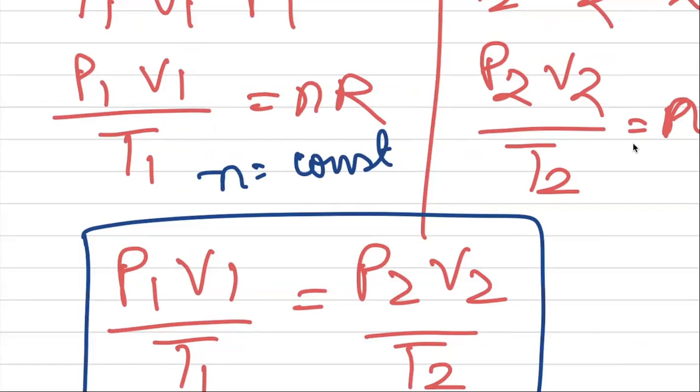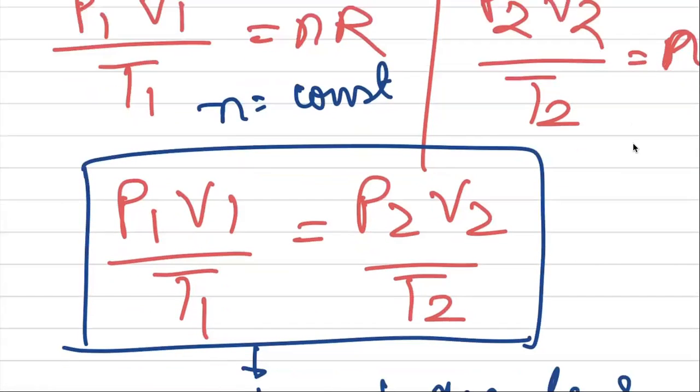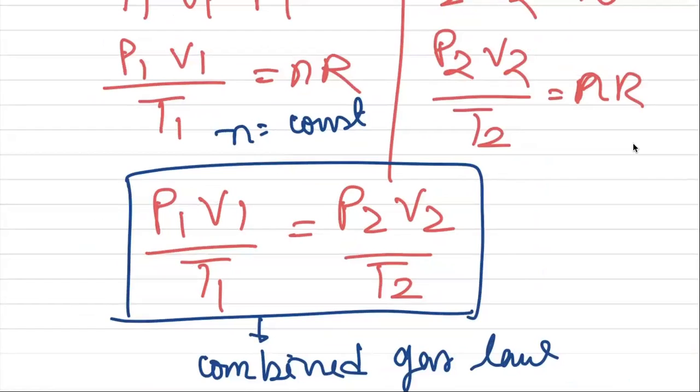If the pressure changes from P1 to P2, volume from V1 to V2, and temperature from T1 to T2, then it becomes P2 V2 by T2 equals nR. So P1 V1 by T1 equals P2 V2 by T2. This equation is known as the combined gas law. Okay, clear?